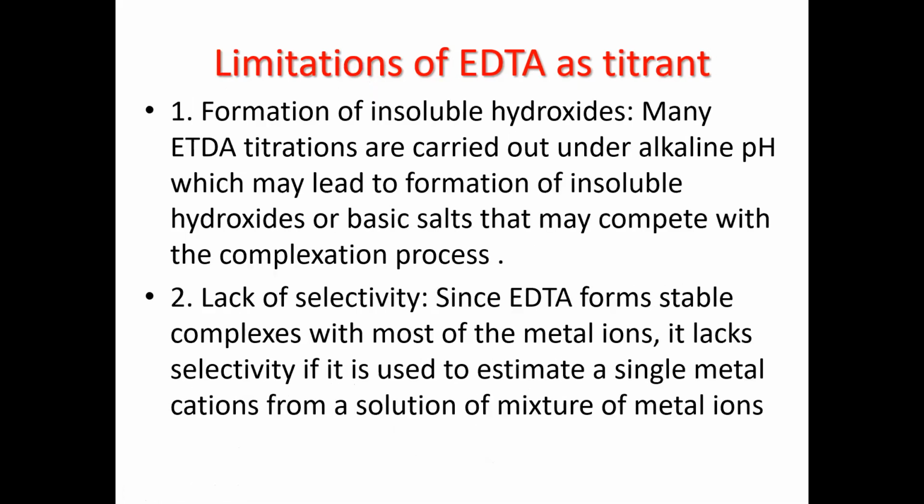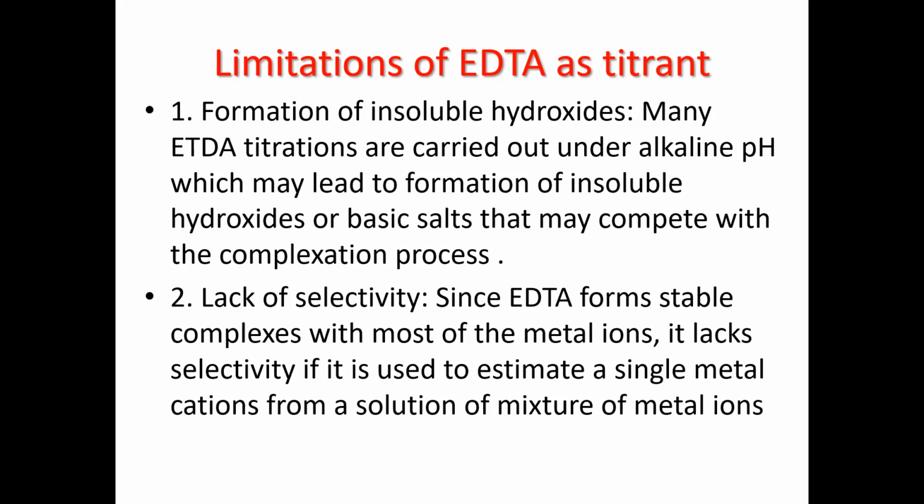But what are the limitations of using EDTA as a titrant? Sometimes there could be formation of insoluble hydroxides, and that is why EDTA titrations are usually carried out under alkaline pH. To make this happen, whereby your pH is not considerably changed, you make use of a buffer solution.